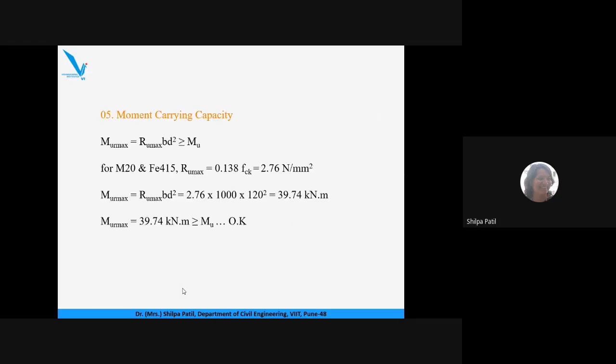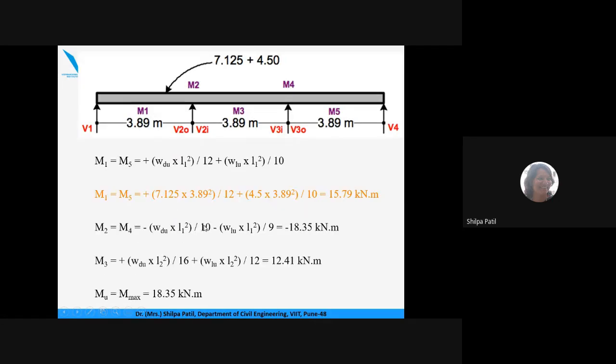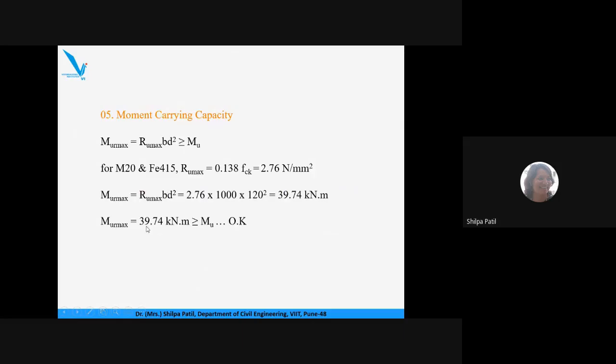Now, moment carrying capacity, we calculate the MUR max by making use of this equation. So MUR max is coming as 39.74. This value we have to check against the maximum MU, which is coming as 18.35. So 39.75 is greater than 18.35. So our moment carrying capacity of all the slabs is safe.